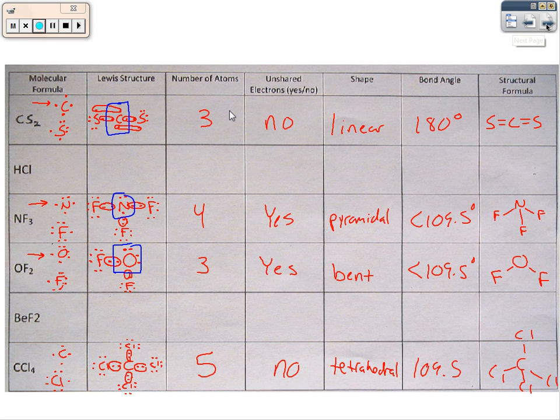There really is no middle atom, so the answer for a 2 atom molecule is always no. Since there's no middle atom, there really is no way of having any unshared electrons. There's no middle. Just the covalent bond there in the center. Again, that's linear. 180 degrees whenever it's linear. And just put your atoms together in a straight line in a row.